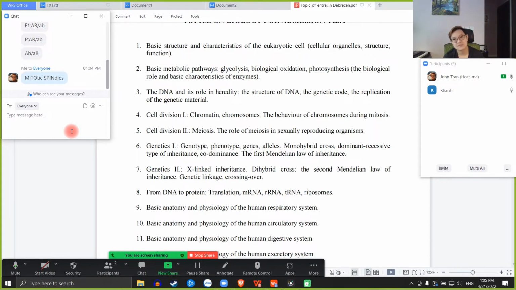Yeah. Centromere. So the mitotic spindles are attached to the centromere of the chromosomes. What does it do next? It then pulls and separates. It then pulls the chromosome to the two opposite poles of the cell.